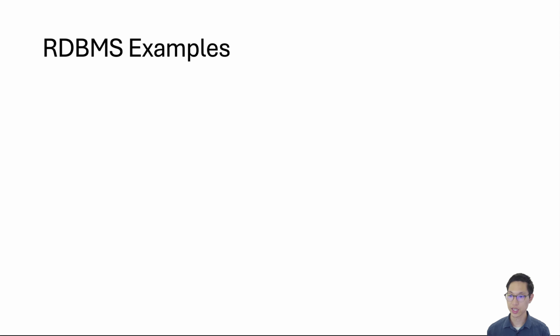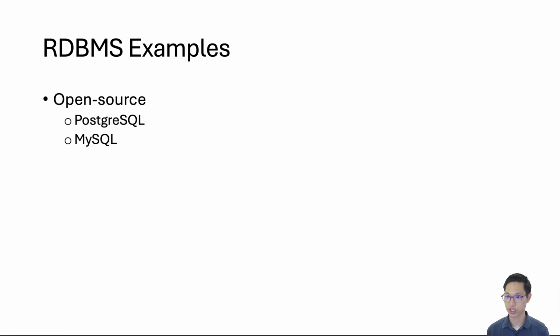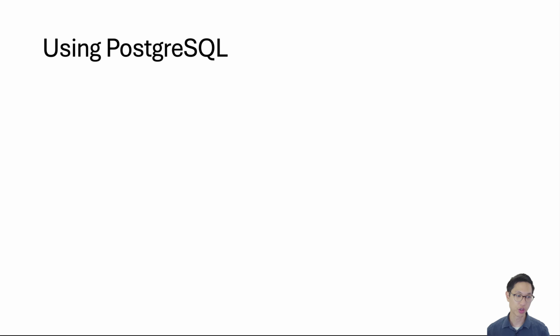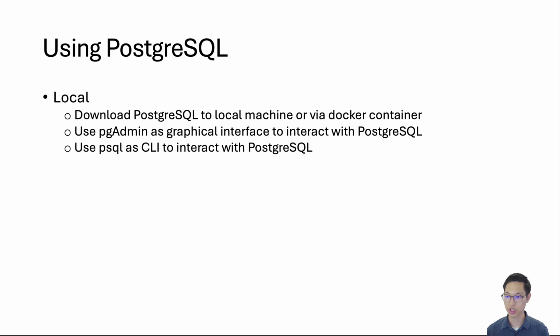For RDBMS examples, we have open source ones, PostgreSQL for example, and MySQL. We have commercial ones, MS SQL Server and Oracle database. We will focus on Postgres here.